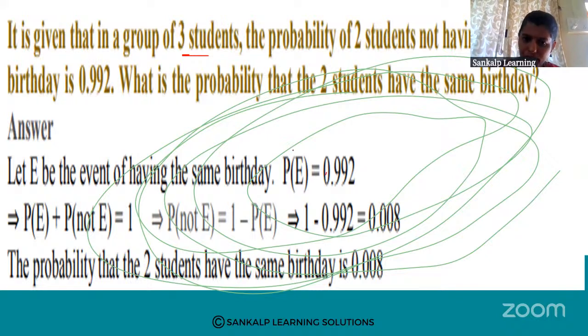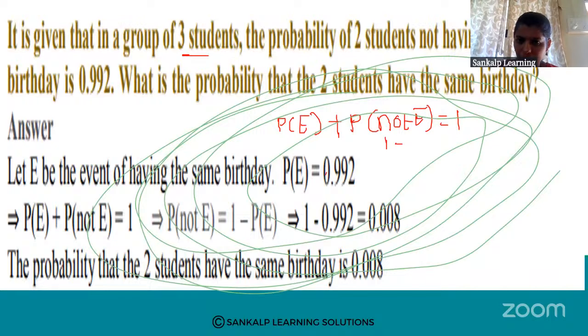P of E, having the same birthday, plus P of not E, not having the same birthday, is 1. So P of E is 1 minus P of not E. Two students not having the same birthday is 0.992.